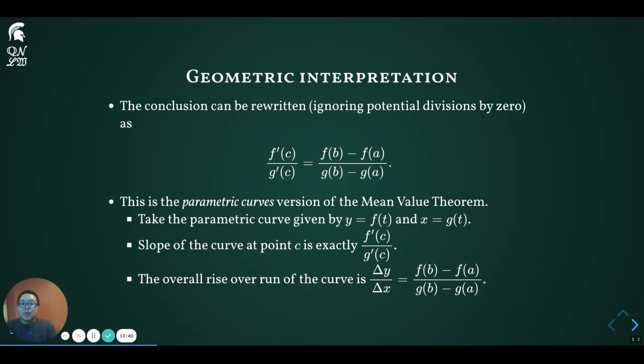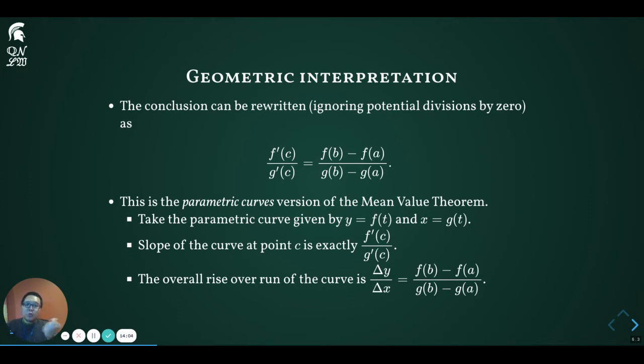And so, we see that if we interpret Cauchy's mean value theorem using parametric curves, it is again saying the same geometric statement as the standard mean value theorem, namely that the total rise over the total run of a curve is represented by the slope of the curve at an intermediate point.